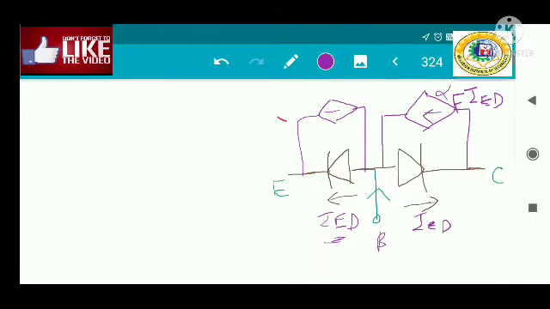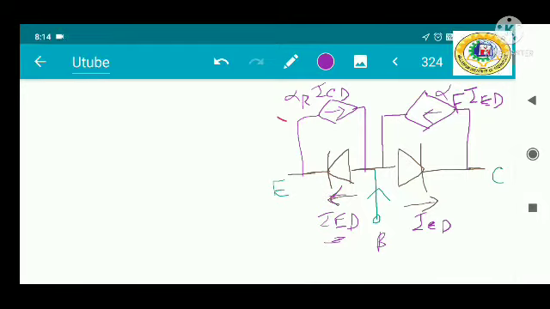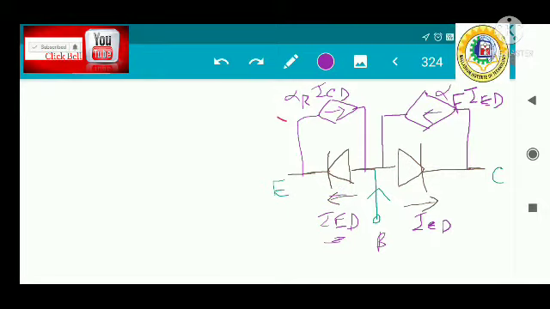This current is a fraction of ICD, with the reverse current gain alpha R. These two are the same concept: whenever there is a current flow from emitter to base, some fraction of this current reaches the collector. That's why these two are related.